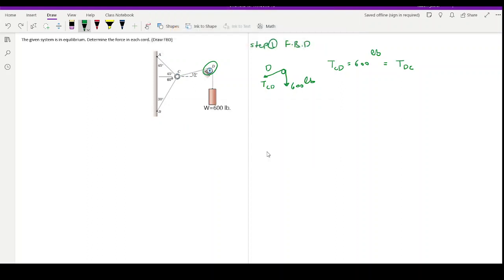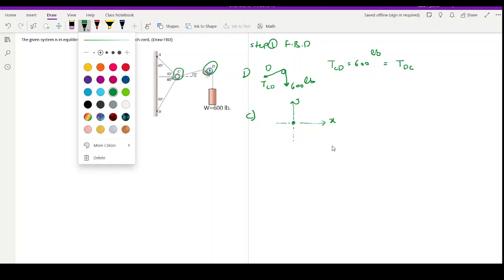Now that I have calculated TCD, I move forward and draw a second FBD for node C. So this was node D, and this is node C. Now, don't forget to draw XY to show the outlines of the given system.